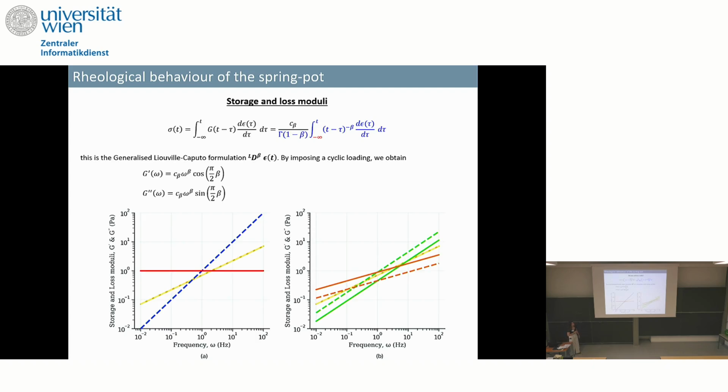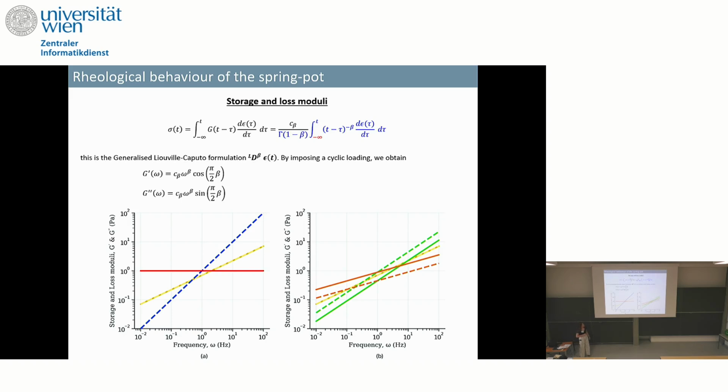So if we derive the G prime and G double prime, what we obtain is, again, a power response. The red line is, again, that of the storage modulus of a spring and the loss modulus of a dashpot. What happens when beta is 0.5? Both the storage and the loss moduli are the same.